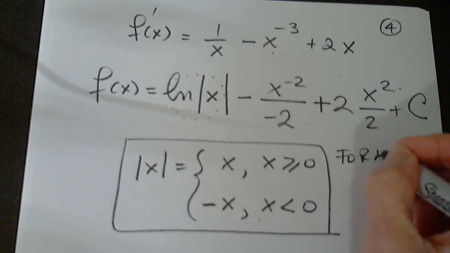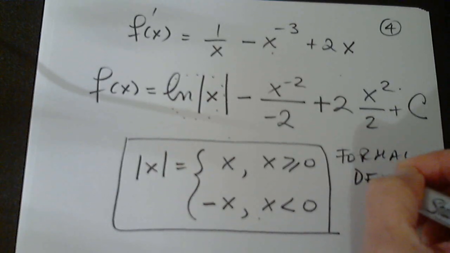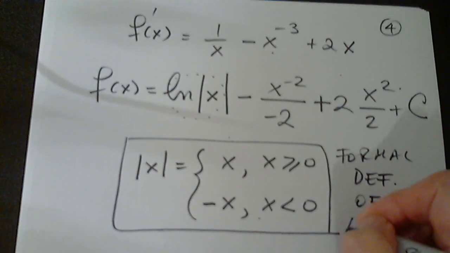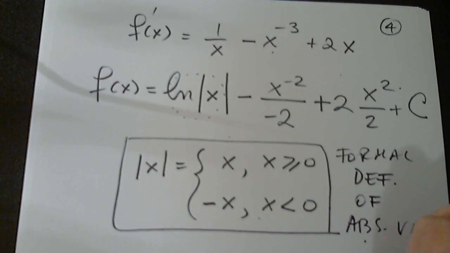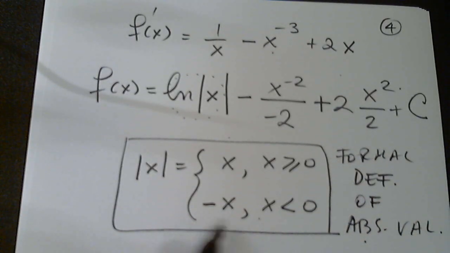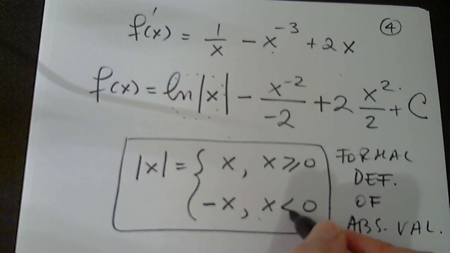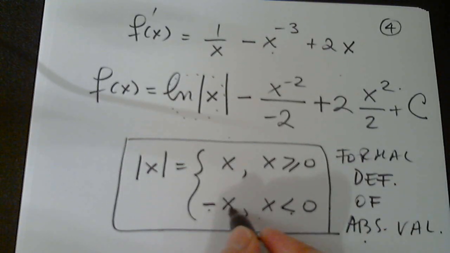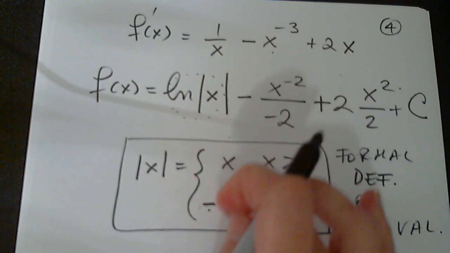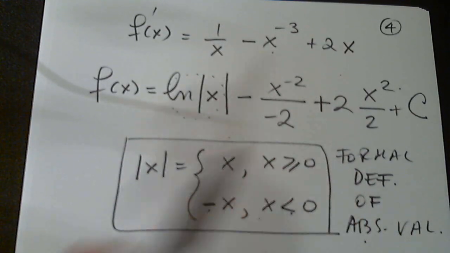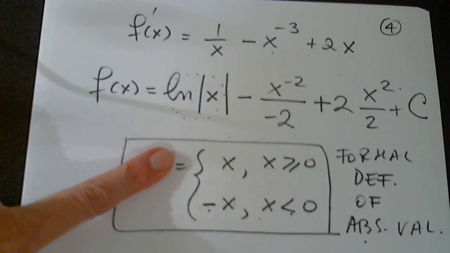Formal definition of absolute value. You can say, but what's with this negative? Yeah, when x is negative, with negative in front, this will also be positive. Why do we need to even specify these two things? Because most of the time, we cannot work with this.